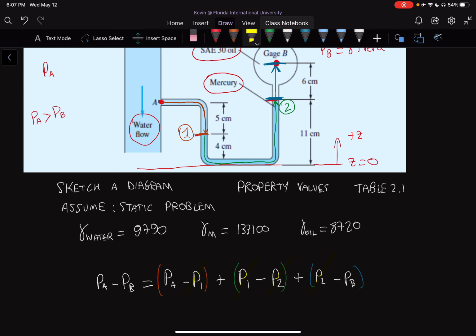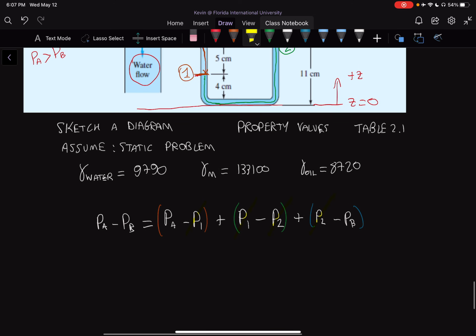So now we can rewrite our equation in terms of our specific weight. We know that PA minus P1 is equal to negative gamma of water multiplied by ZA minus Z1. I'm just going to write down the equations for all 3. Then P1 minus P2 is gamma of mercury multiplied by Z1 minus Z2. And I made a mistake here.